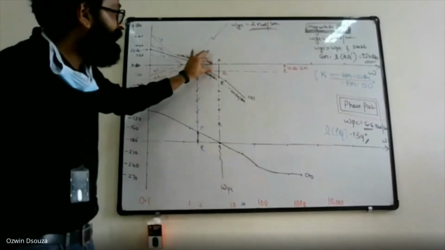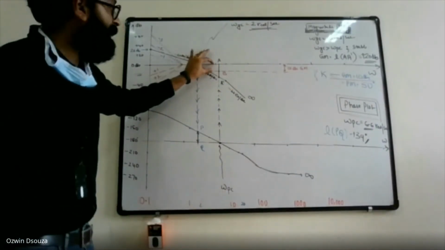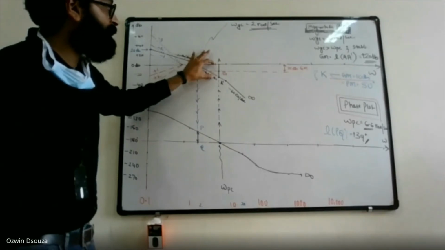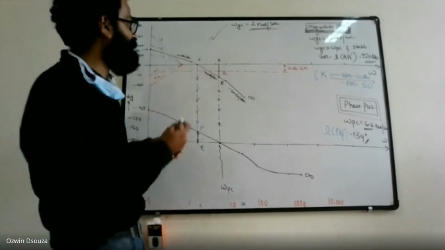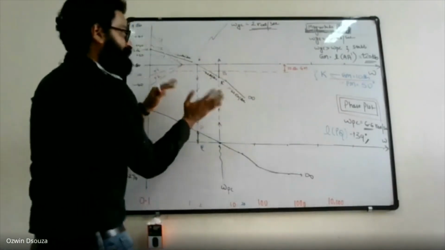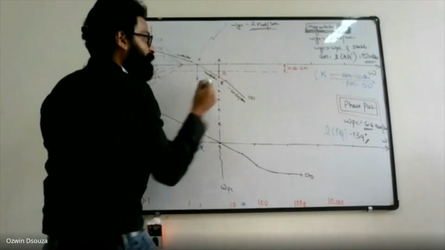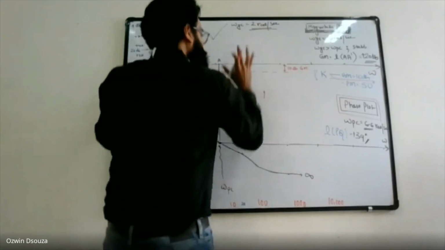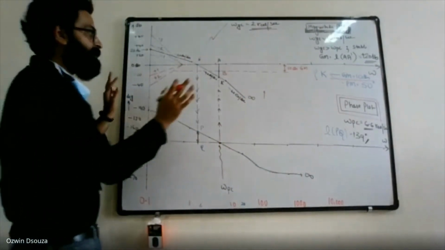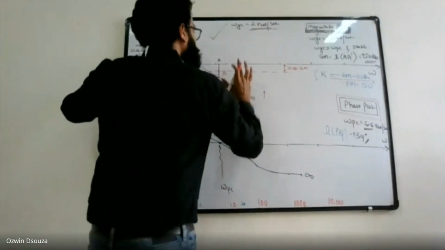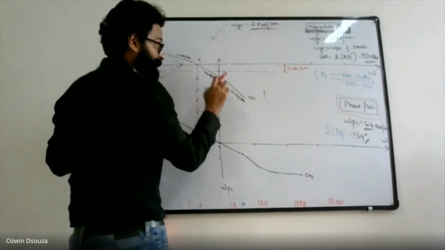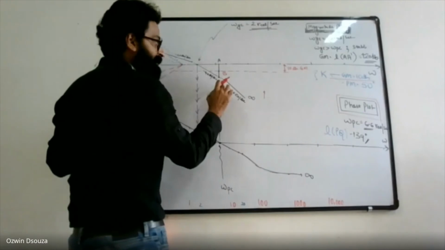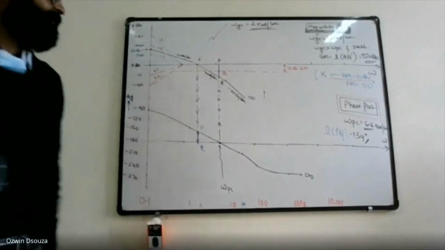But 10 dB is lying here, and your actual system is giving you a gain margin of 20 dB. So what should you do to get 10 dB of gain margin? Your entire magnitude plot should be shifted up so that this A dash coincides with B, right?